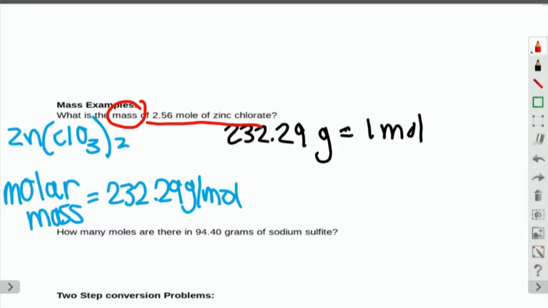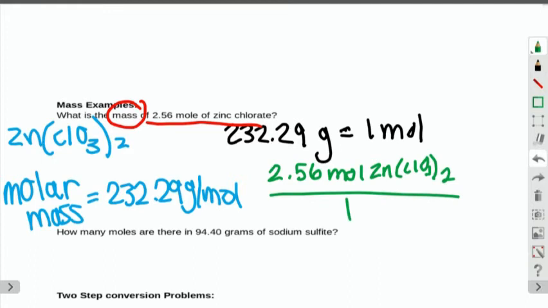And in this case, that is 2.56 moles of zinc chloride. You always start with that over 1.